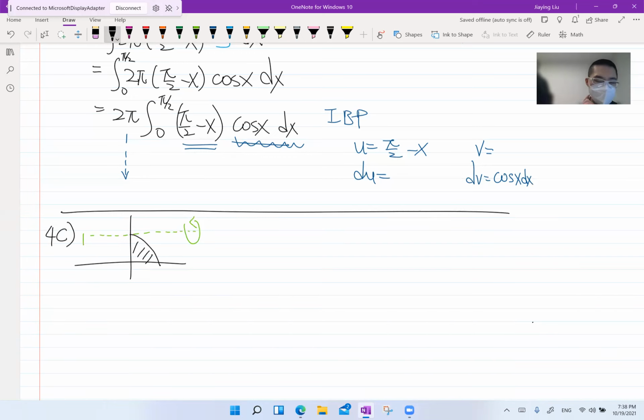Here you have to decide whether you want to use the shell method, which, if you try it, you probably end up with something you don't like, or maybe the washer method. I don't try to memorize a specific rule as to which one to use. I just try it. If it doesn't give me something nice, I try the other one.